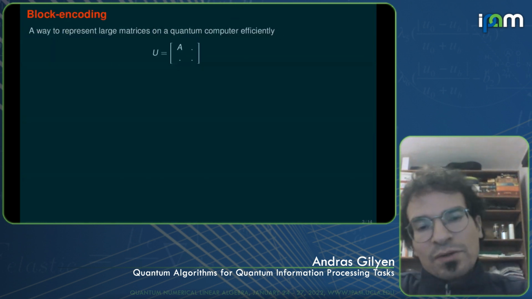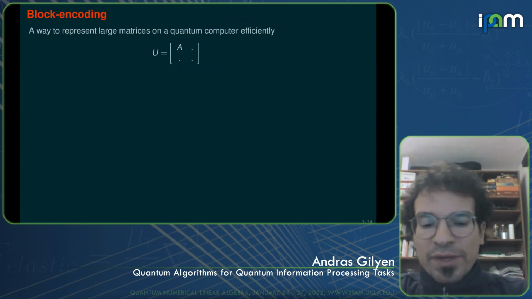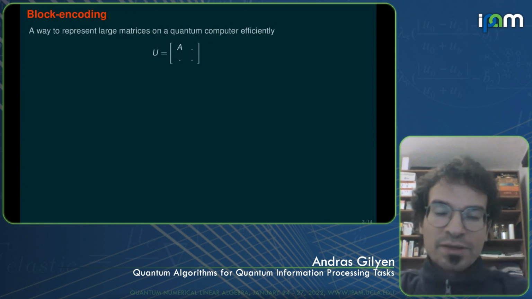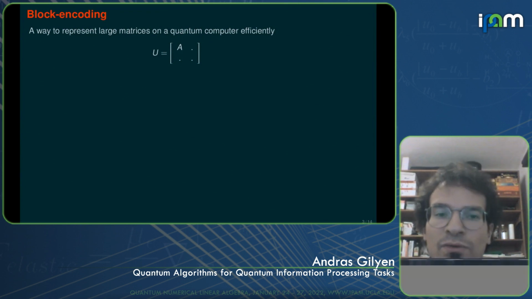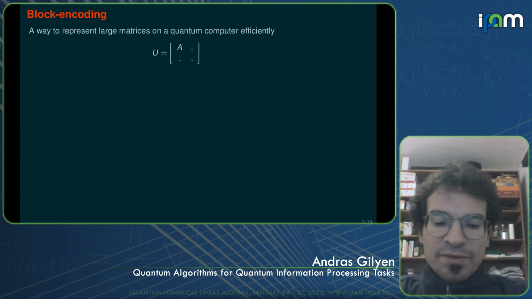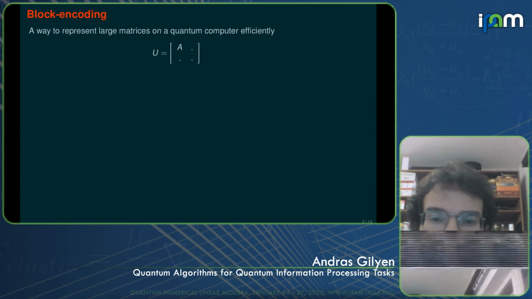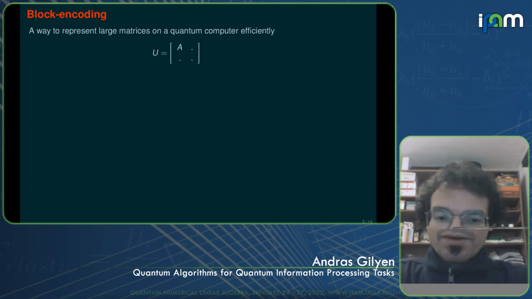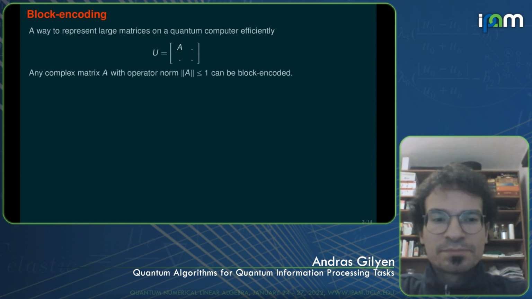And so a few more words on block encodings, because this is where I will explain how this block encoding framework can be used for accessing and processing quantum information natively. As I said earlier, a block encoding is just a way to represent large matrices in a quantum computer efficiently in terms of a unitary matrix, which is implemented by an efficient quantum circuit.